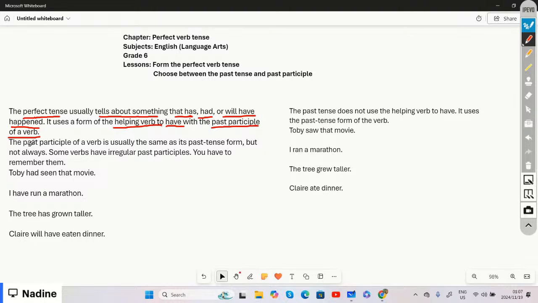And when it comes to the past participle of a verb, it is usually the same as the past tense form, but sometimes it is not always.